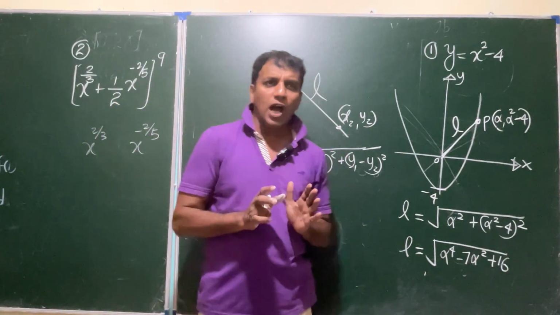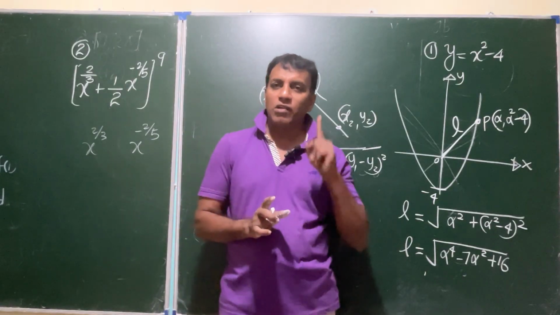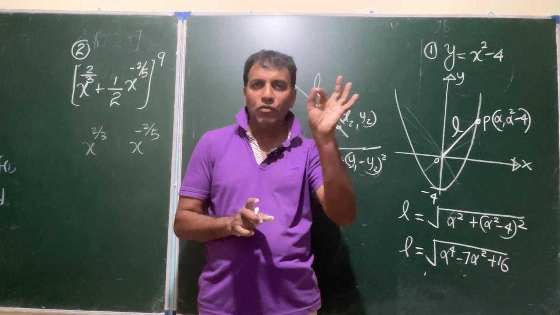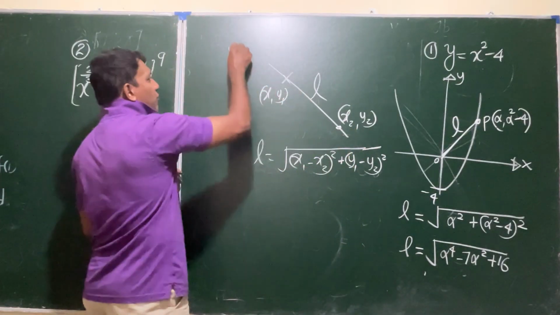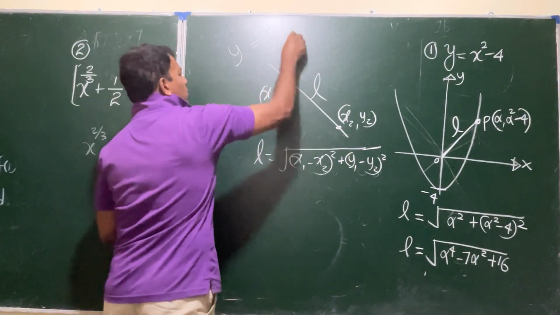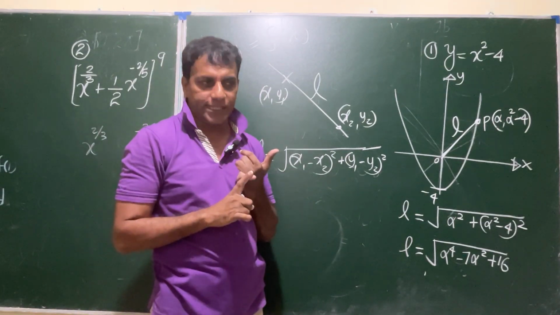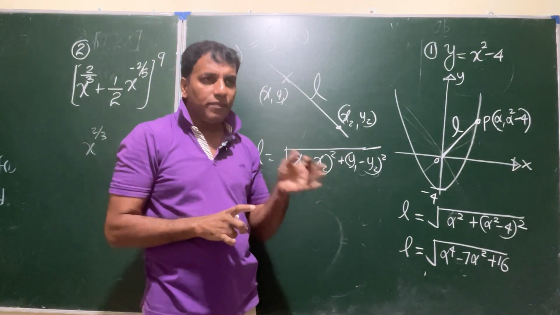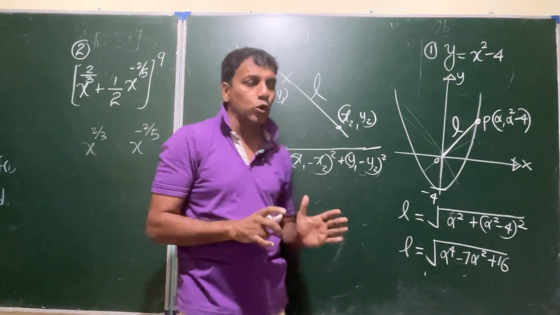Okay, now see how to find the maxima and minima using differentiation. First, you find dy over dx. If the function is in terms of y equals f(x) or anything, the first step is to find dy over dx. Next, there's a theory, this is a revision class, revision type of problem solving.